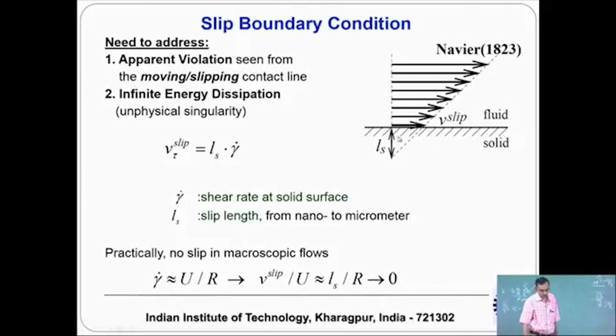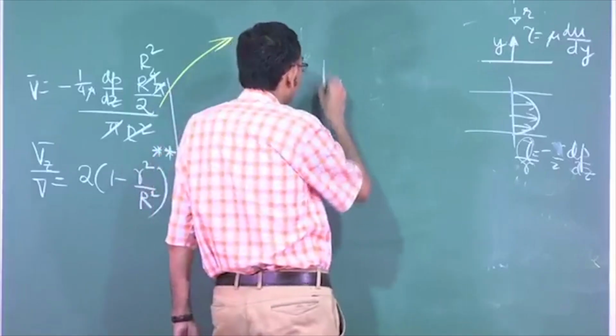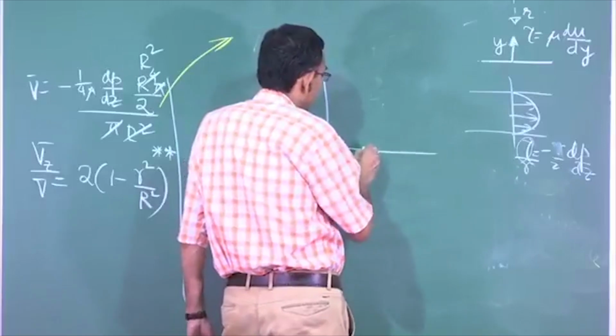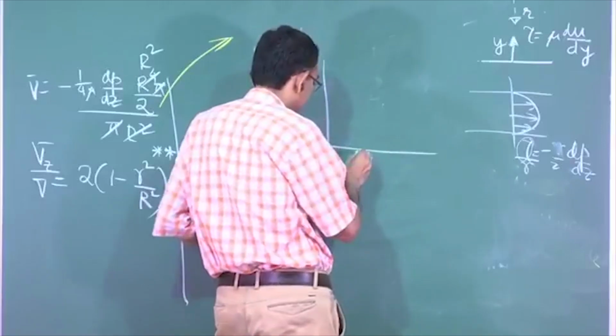So to quantify the velocity at the wall, the tangent to the velocity profile, which is the dotted line here, is extrapolated and it shows 0 not at the wall but at a distance of Ls from the wall. This Ls is called the slip length. So let me draw it with a figure to make you understand better.